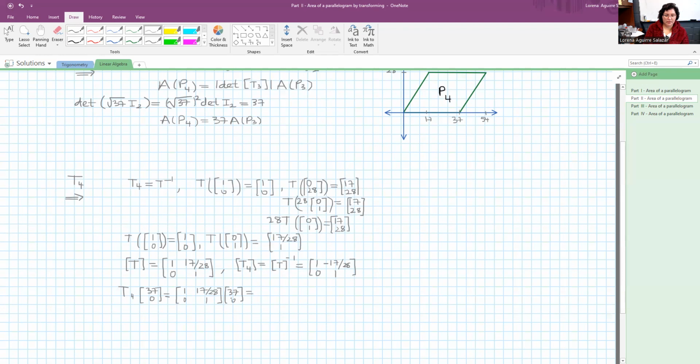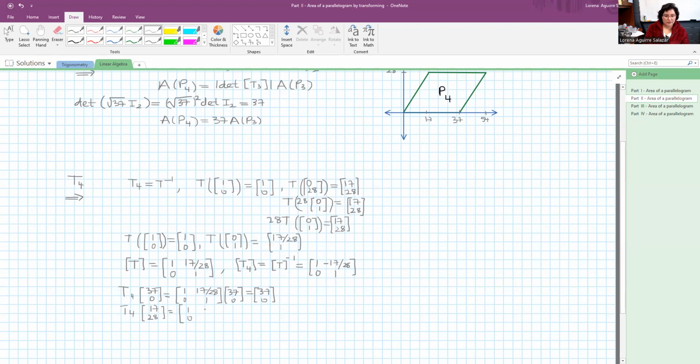Here we get 37 plus 0 times something, so 37. Then 0 times 37 plus 1 times 0, so that's 0. And then we have T4 applied to the other vertex. Because linear transformations map lines into lines, it's enough to figure out what happens with this vertex (17, 28) to see what happens with the whole parallelogram.